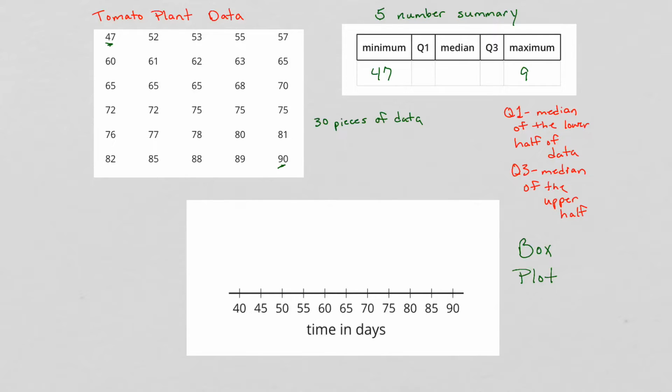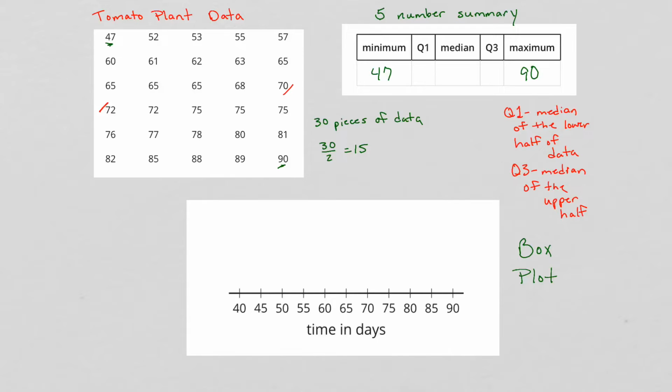And you guys already also know how to find a median. And there are a couple of ways to do it. You can count in from the smallest piece of data and the largest. You can count in until you get to the middle. Or we know we have 30 pieces of data. Well, 30 divided by 2 is 15. So we know we can just count in 15 pieces of data. And we end up between 70 and 72.